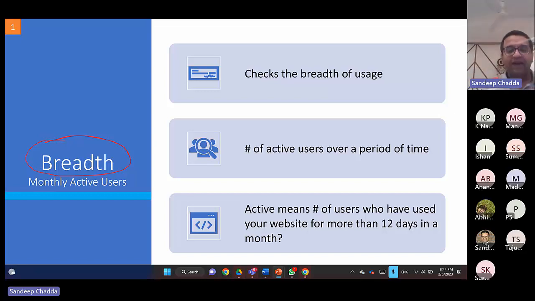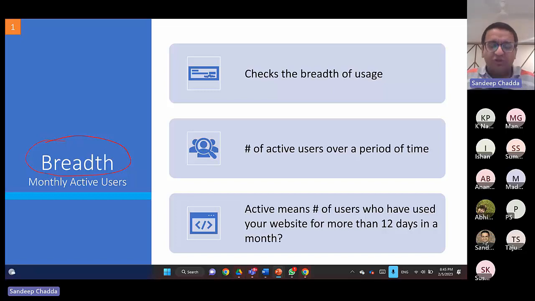Now, if there is breadth of usage, I've taken some examples. MAU, monthly active users, daily active users, all this category of metrics is basically nothing but the breadth of your product usage. Okay. Now, when I say active, right, you need to think what active even means.